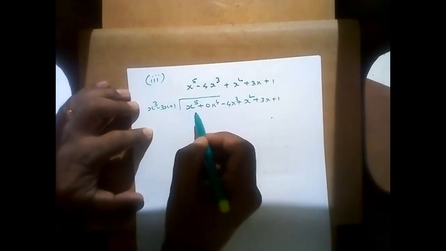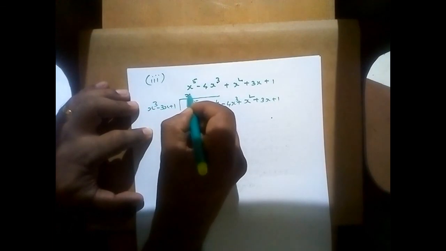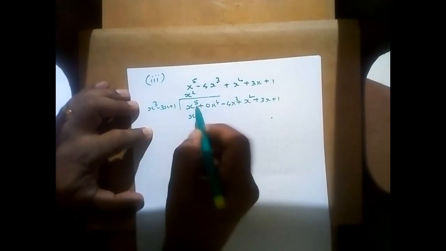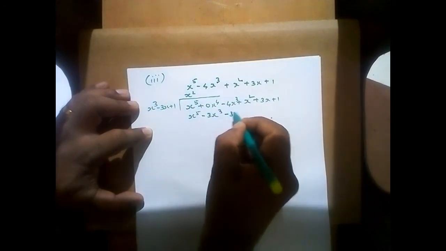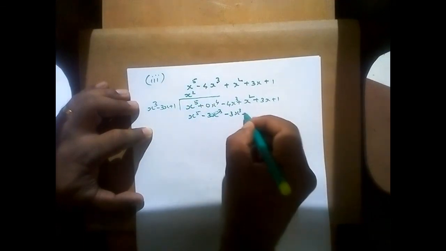Okay. Here it is x raised to 5, here it is x cube, so we have to multiply by x square. x square into x cube is x raised to 5, x square into minus 3x is minus 3x cube, x square into 1 is plus x square.